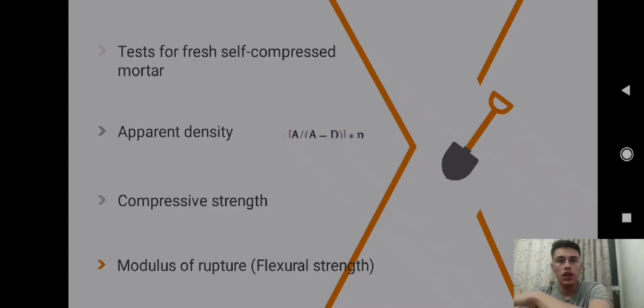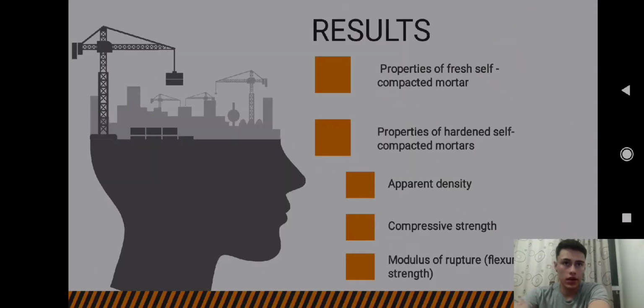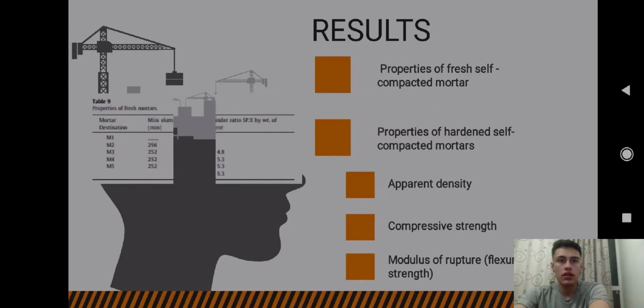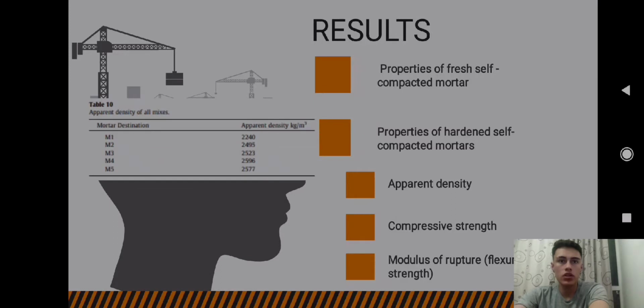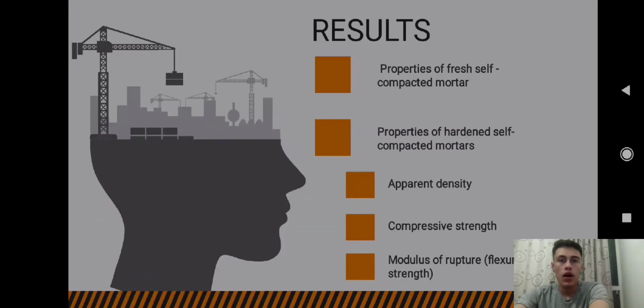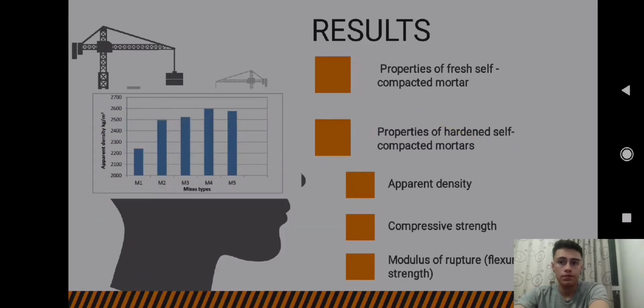The results of the investigation show us that the results of the mini-slump flow test, which gave the proper filling and flow capacity for the self-compacted mortar, are shown in table number 9. It is obvious that it is very important to use superplasticizer in self-compacted mortars to achieve a homogeneous mixture with a low water binder ratio.